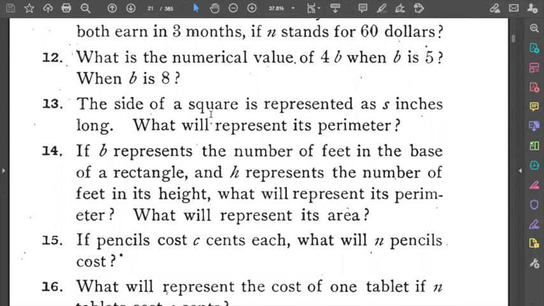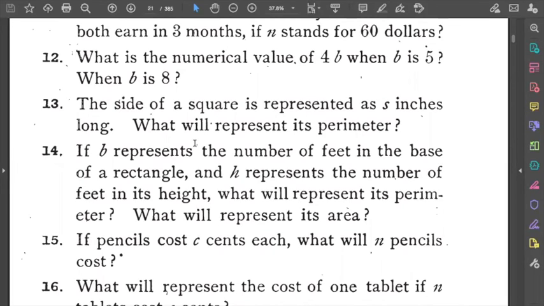The side of 14, a square. Good. 14, the perimeter is 2B plus H, 2 times B plus H. Yes, please.